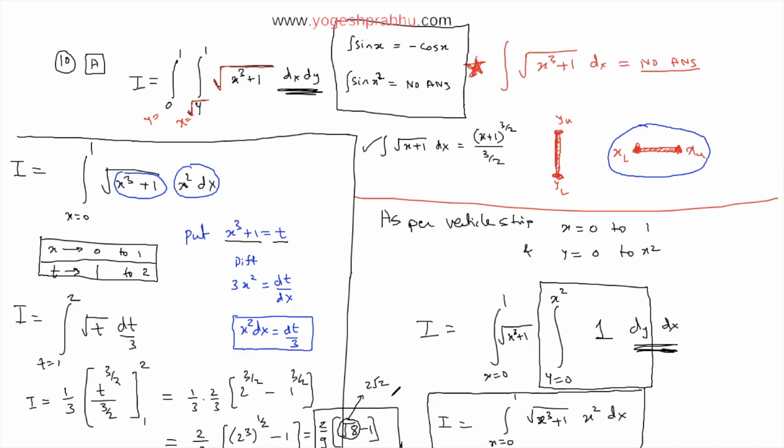But his way is easier, I think. No, his way is not easier. He has just skipped all the steps. Yeah, but the integral is going from 0 to 1. You should ideally substitute and solve like this.